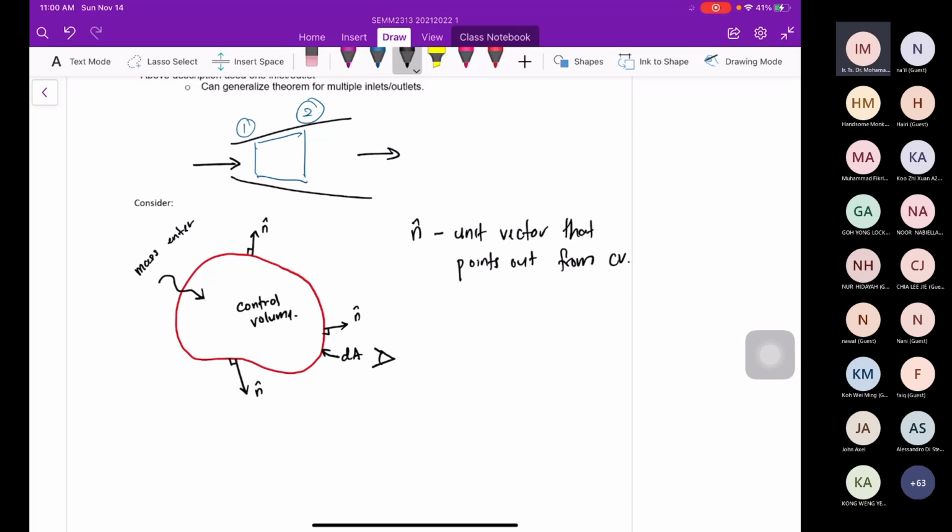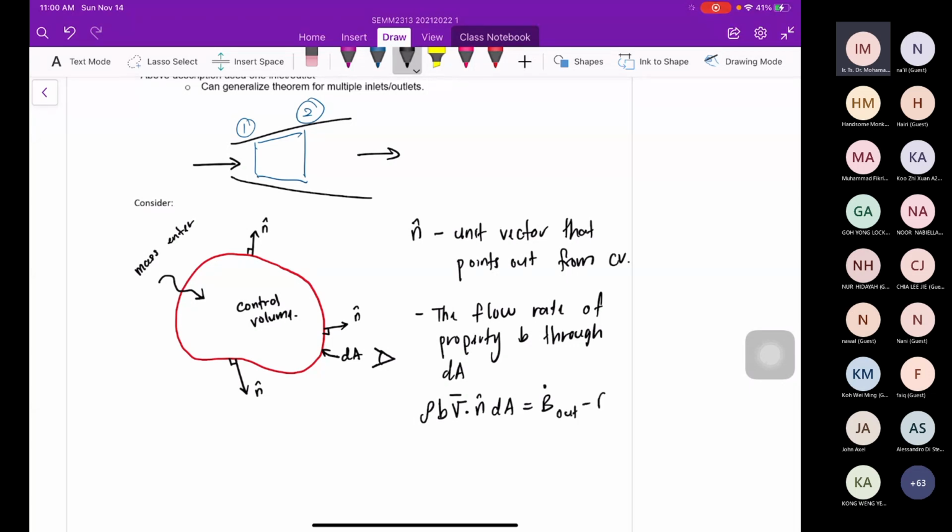The flow rate of property B through dA is given by rho B V dot N multiplied by dA, which is equal to B rate out minus B in.